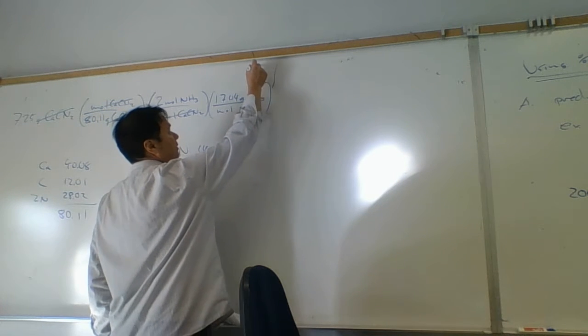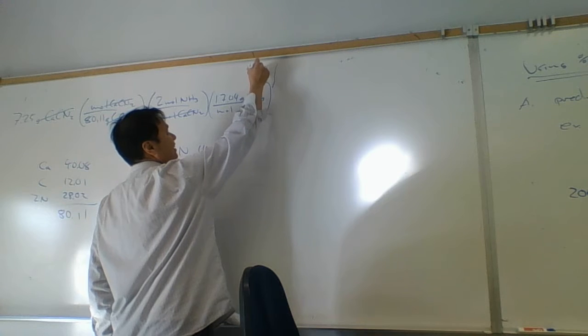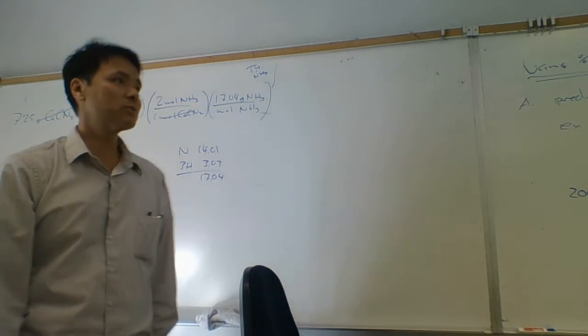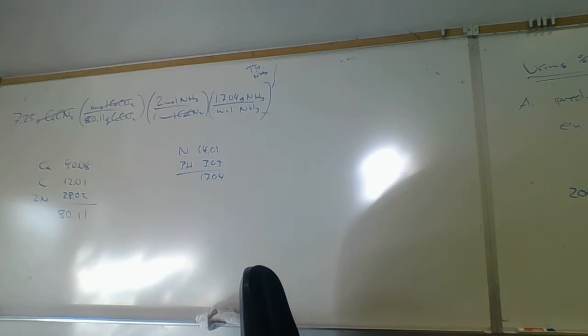If we stop here, this is called the theoretical yield of ammonia, because we have excess water. So we got plenty of water to react, or at least a stoichiometric amount of water. So calcium cyanamide is the limiting reagent.